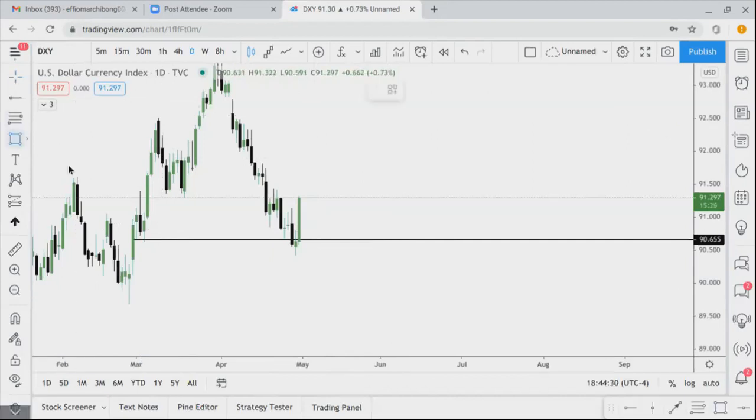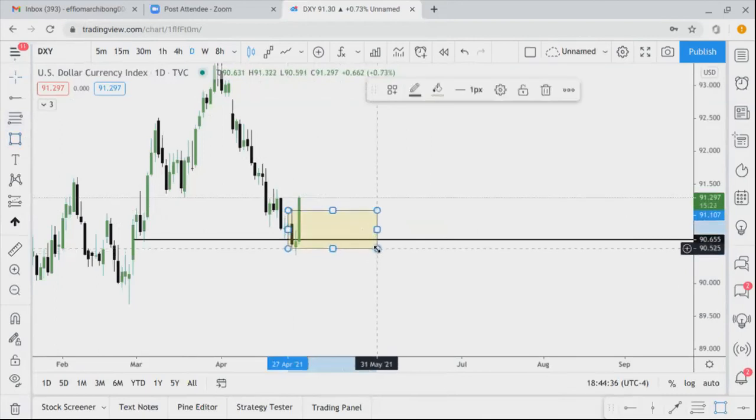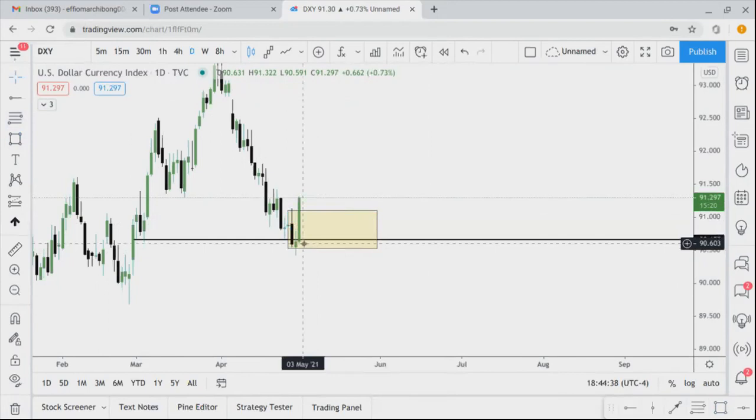Now that it has done this move, if you look at this candle right here, you see this move? If I go to the higher time frame, this will be a bullish engulfing. Let's find out. Week.